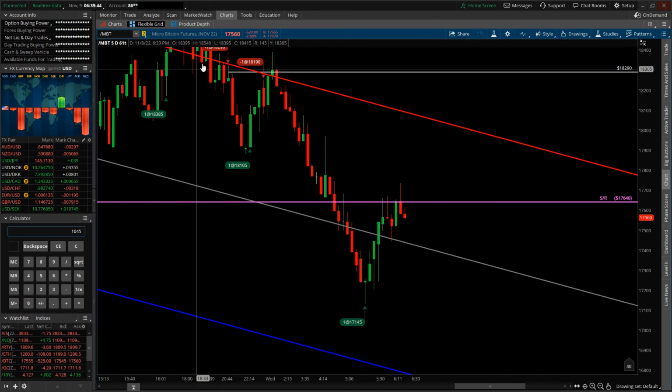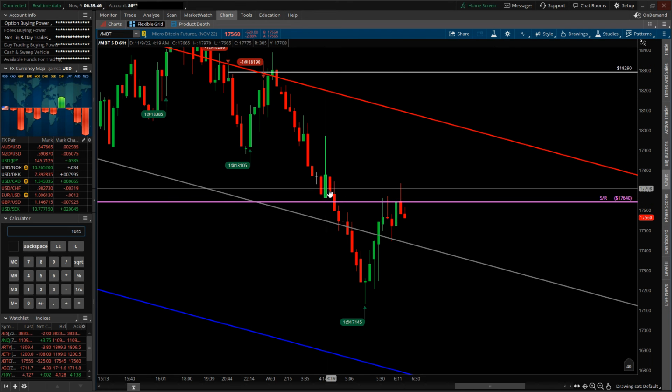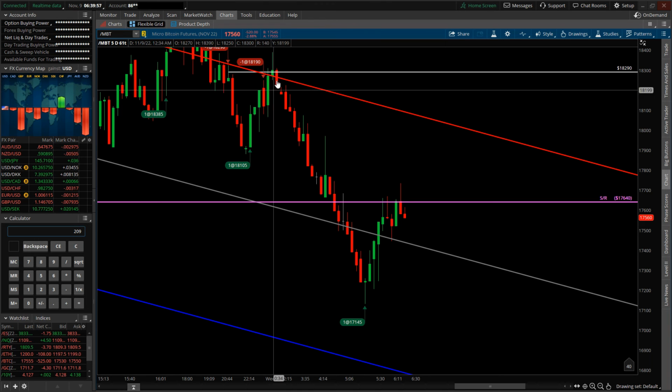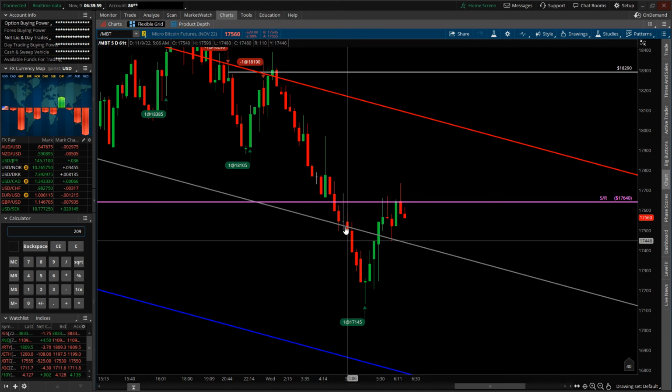But for a micro Bitcoin, the tick value was 5. So I divide that by 5, which gives me 209 ticks. This was a 209 tick move. And if I multiply it by 50 cents, because that was the tick value, the trade was $104.50.